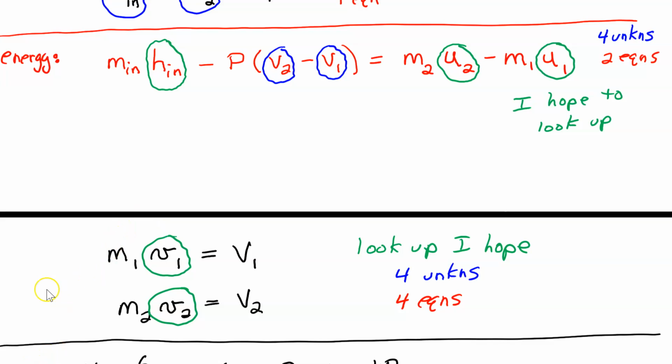For the initial state 1, I know the pressure and I know it's a mixture, so I need to find the quality, the value of X. Do you remember how to find that? The X is equal to the mass of gas divided by the total mass. See if you can find the X and then use the pressure and X to find the values at 1.